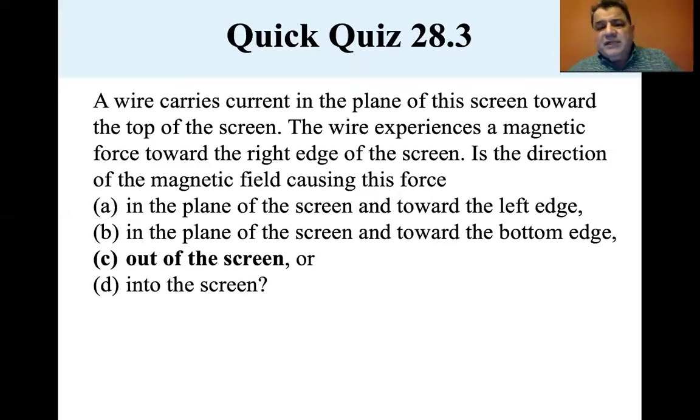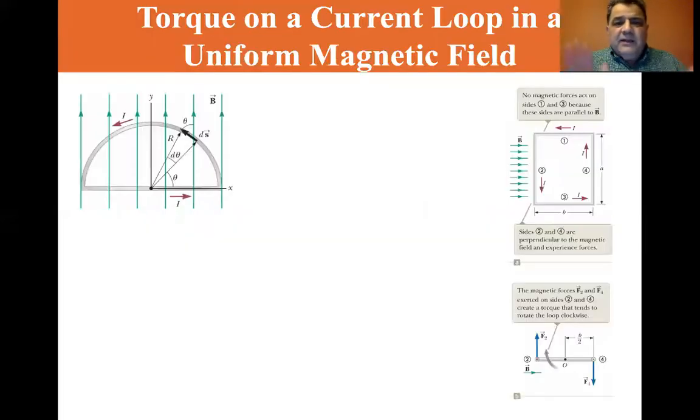And sure enough, there it is, out of the screen. So the current is up, the force is in this direction, so you've got to contort your hand a little bit. The magnetic field is coming out of the screen. Okay, and that's it for this section. That was section 28.4. Next, we'll do 28.5.